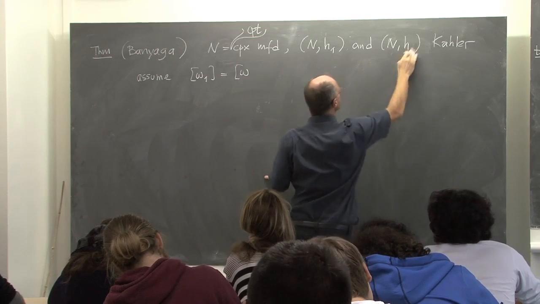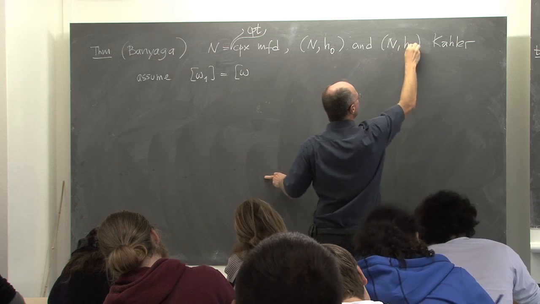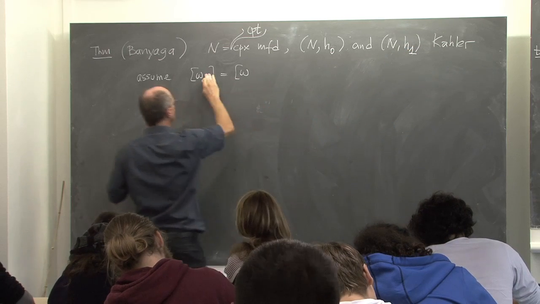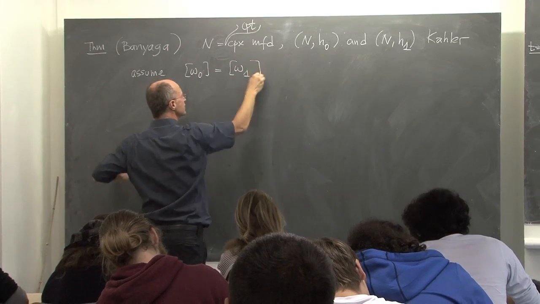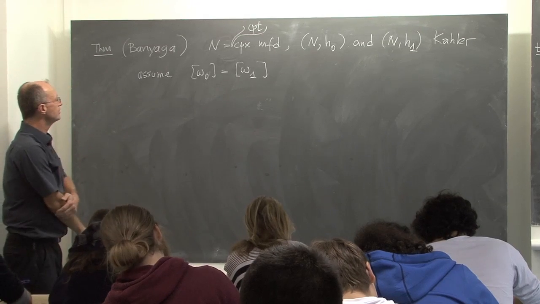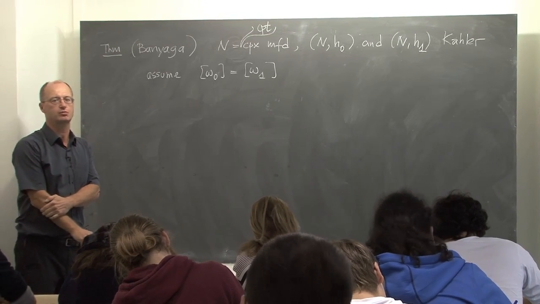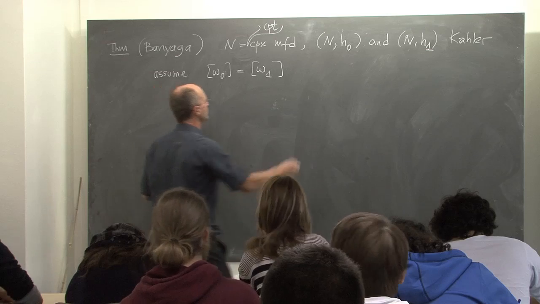Again, sorry for notation, maybe I should denote them H0 and H1 as before, just to synchronize notation. And assume that the cohomology classes of the corresponding symplectic forms coincide.